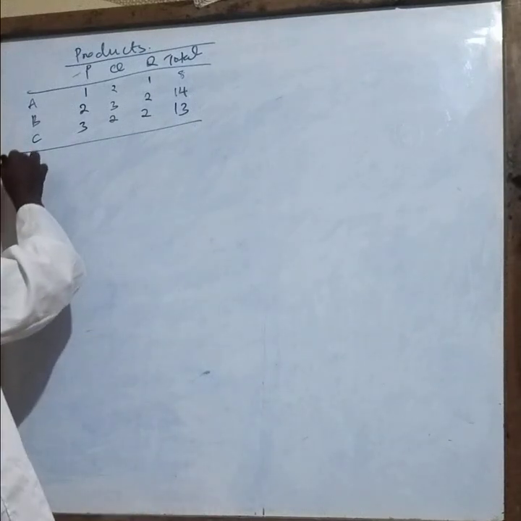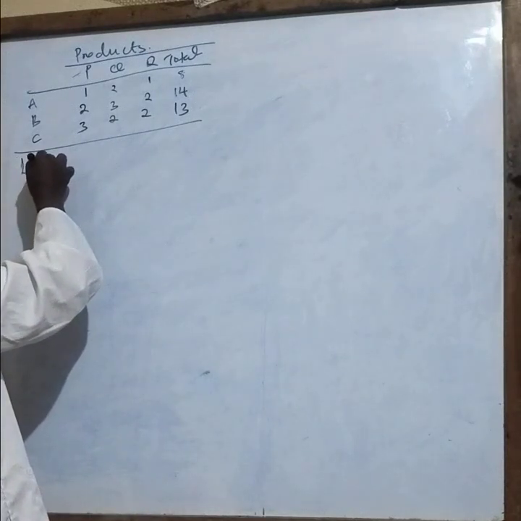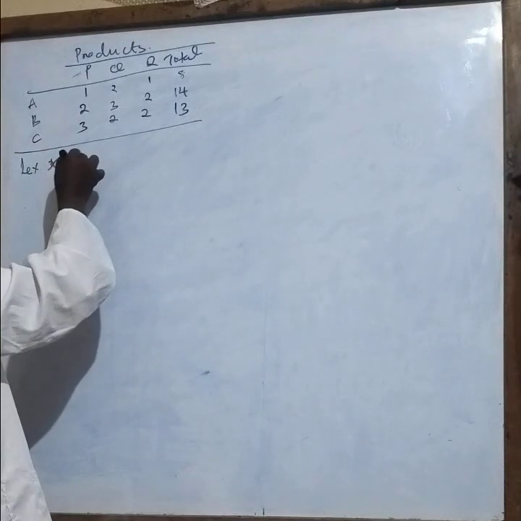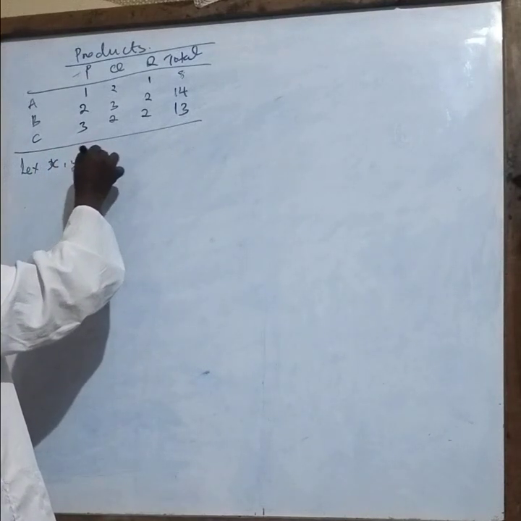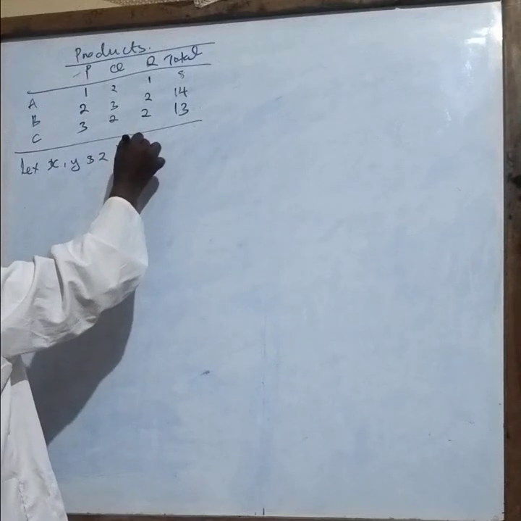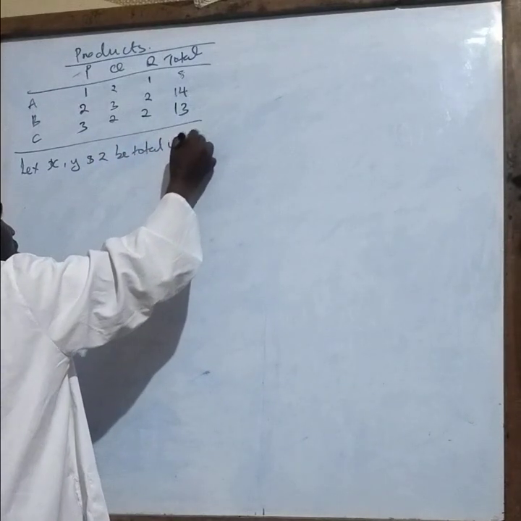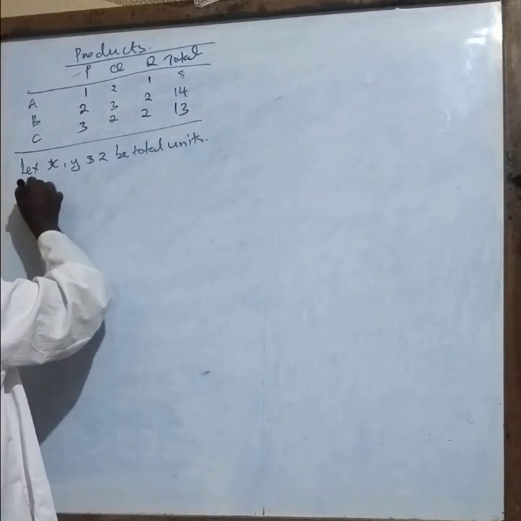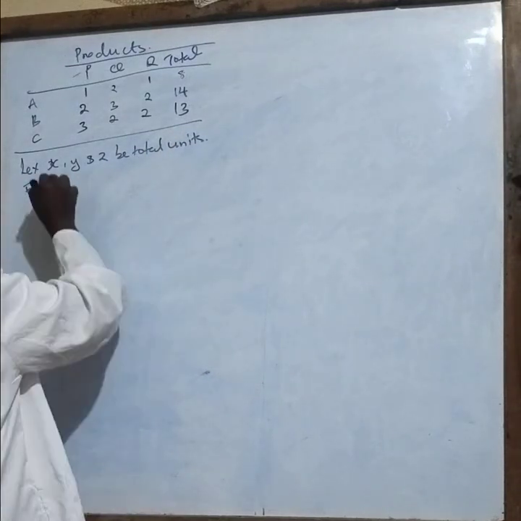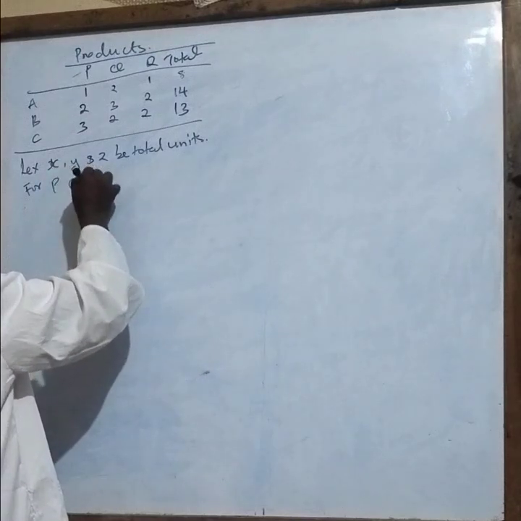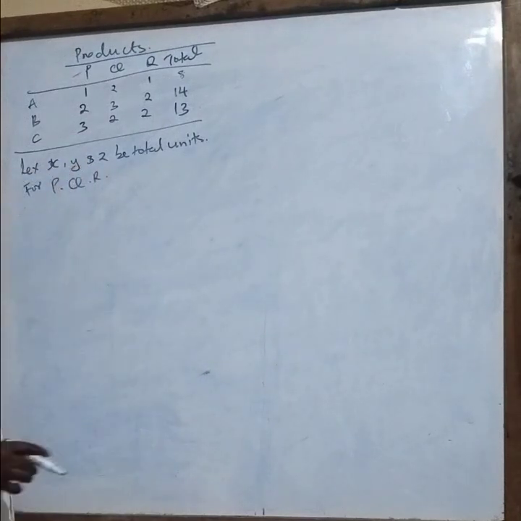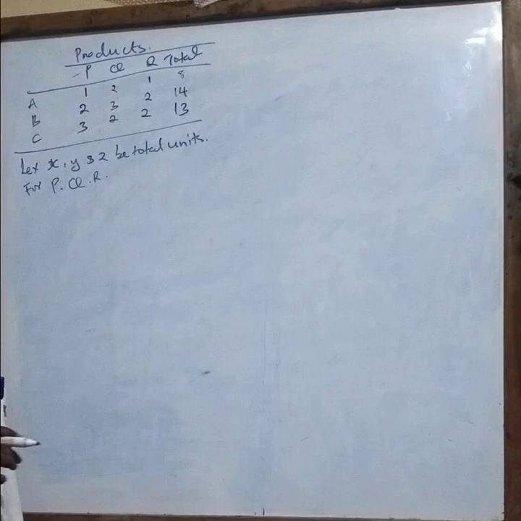Then you say, let X, Y, and Z be the total units for products P, Q, and R. Correct?